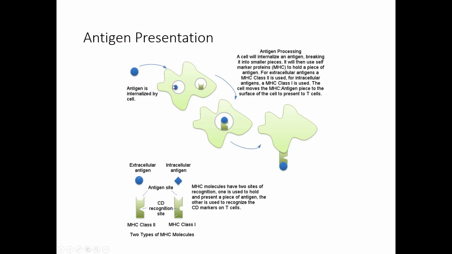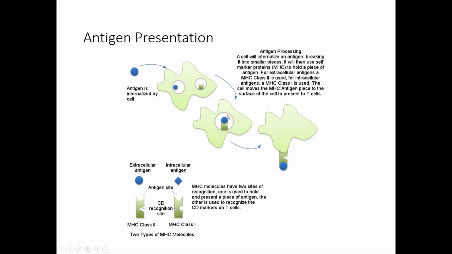It gets brought into the cell and processed through phagocytosis, etc. There's a video on that. Ultimately, the antigen piece is going to get attached to an MHC marker. Again, this one represents an extracellular antigen. If it was an intracellular antigen, the piece would be processed inside of the cell.